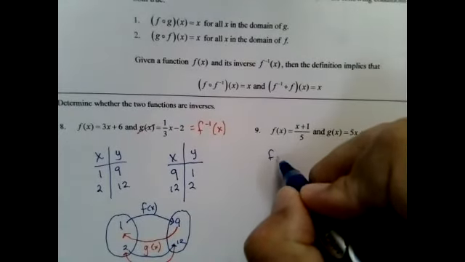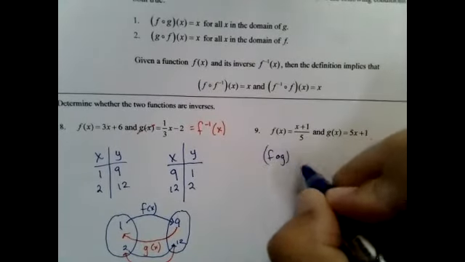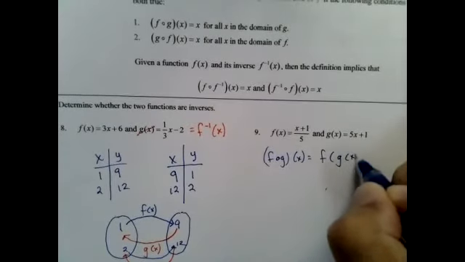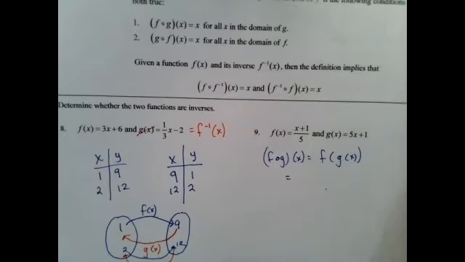F of g of x equals x, composition of functions equals, I'm going to let you see if you can work that the rest of the way through while I enjoy two nonpareils, because I love nonpareils.